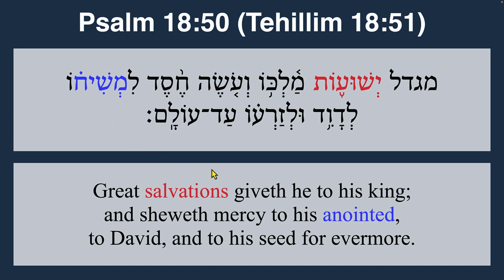It says that great salvations gives he to his king and shows mercy to his Mashiach. Yeshuot, that is salvations, plural. Limshicho means to his Mashiach, to his anointed, to his Christ. So who gives great salvations? Of course, YHVH, Adonai, Yehovah. He gives great salvations to his Christ.